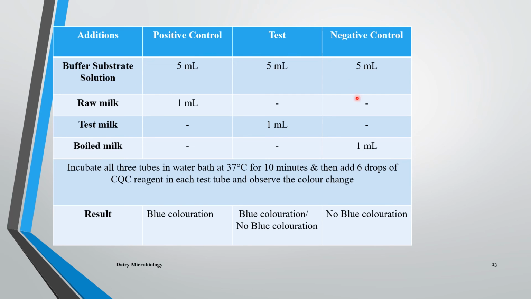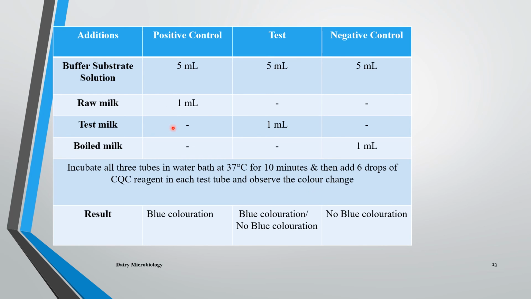After addition, incubate all 3 tubes in a water bath at 37 degrees Celsius for 10 minutes, and after incubation, add 6 drops of CQC reagent in each test tube and observe the color change.